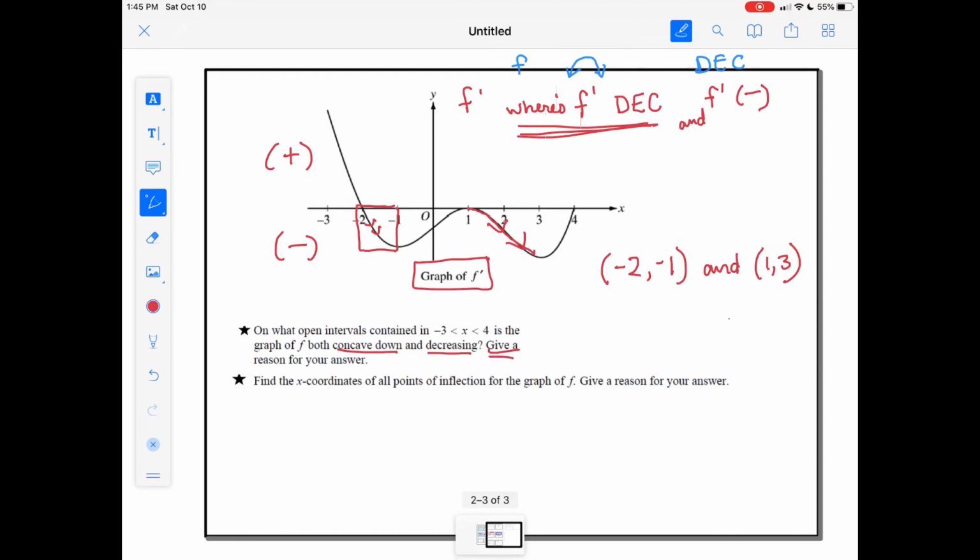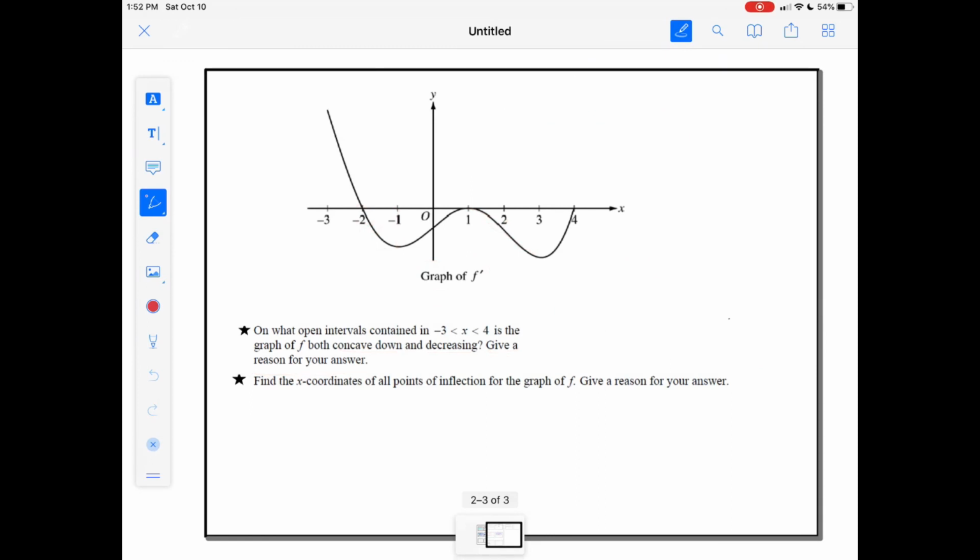And it's telling me justify that. Give me a reason. Why is that so? And we could say that over the intervals from -2 to -1 and 1 to 3, f is concave down and decreasing because your derivative is decreasing and negative there.